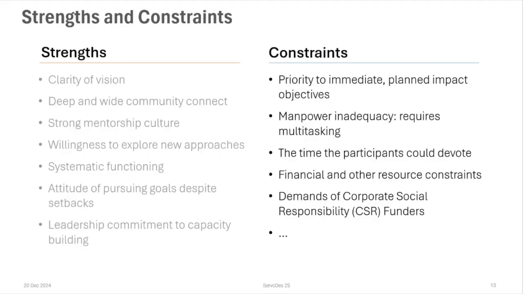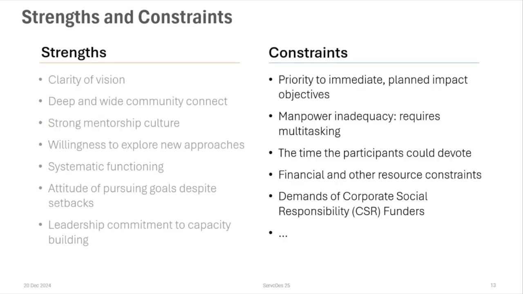However, like all social organizations or NGOs, as they are commonly called, working in the social sector, there are a lot of constraints, which you have to recognize. Often they have to prioritize immediate impact. Some problem happens or some immediate social issue needs attention, and naturally the resources and people's efforts will be diverted to that.